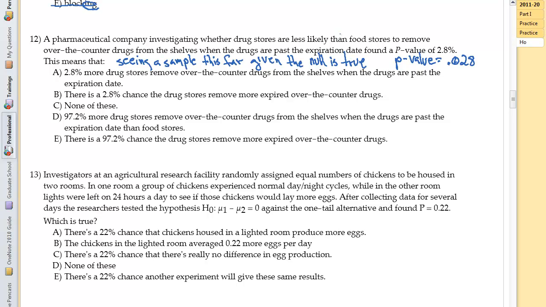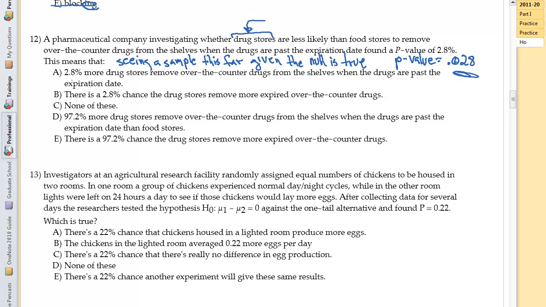So what we're looking for is something that tells us that seeing drugstores with a removal rate this far from probably no difference. We're looking for that a difference this large in the drugstores would be this likely, given that there's no difference.